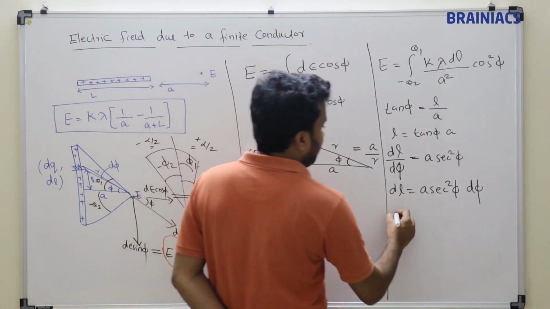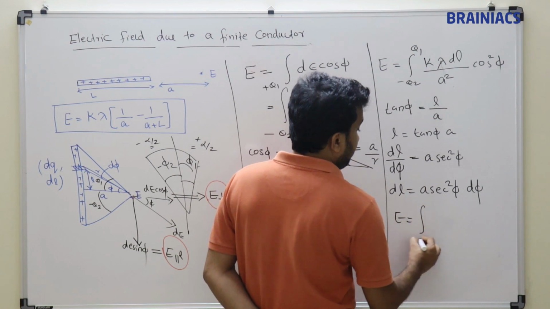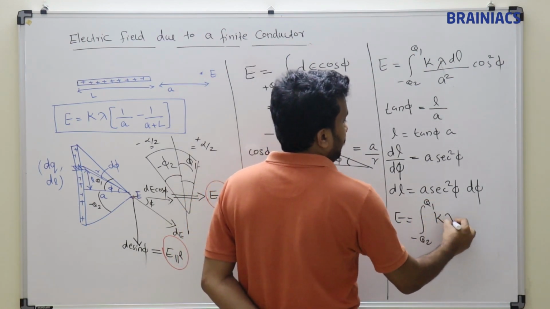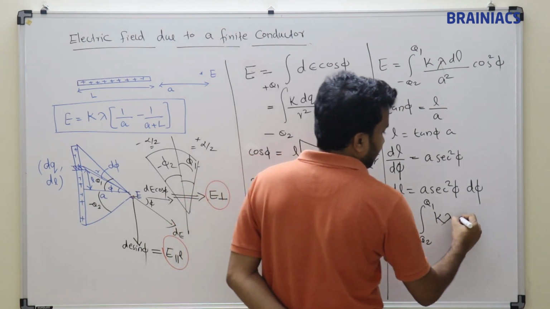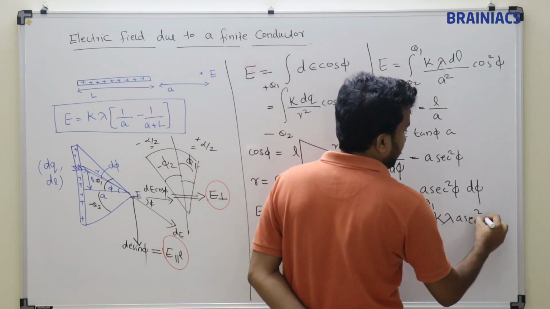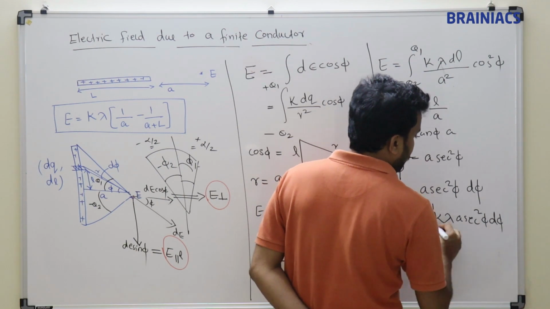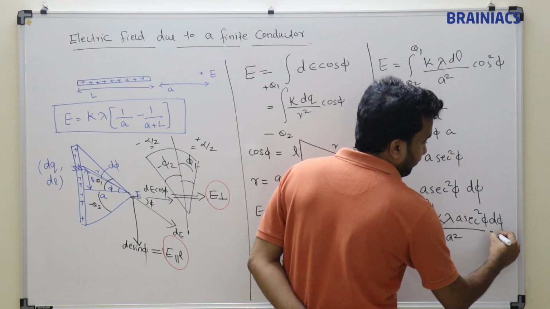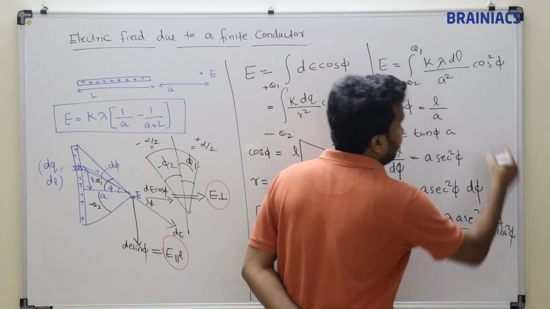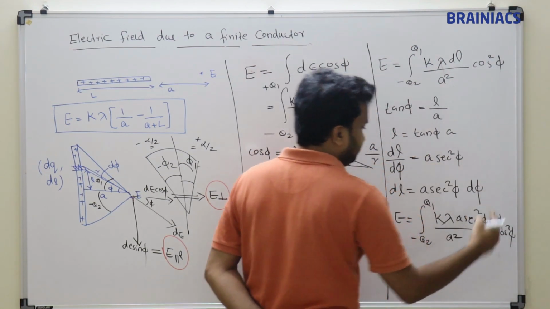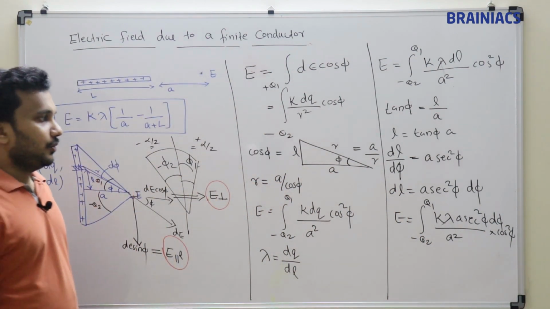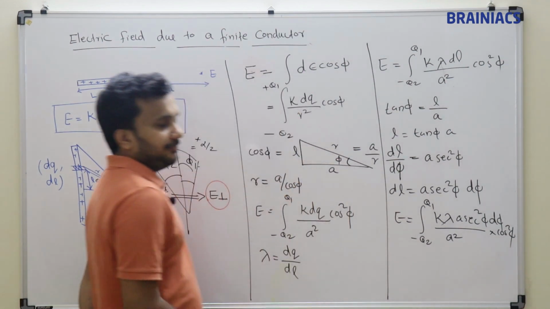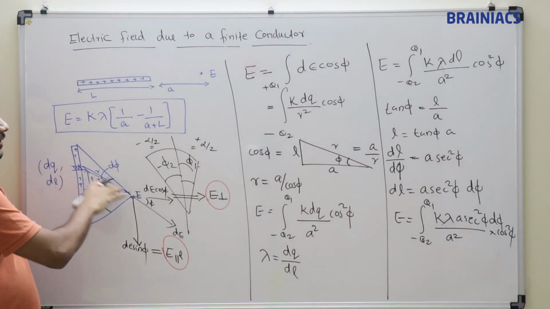Substituting, the electric field E will be equal to the integral from minus theta 2 to theta 1 of K into lambda into A sec square phi d phi, whole divided by A square into cos square phi. Hope you have written this part.